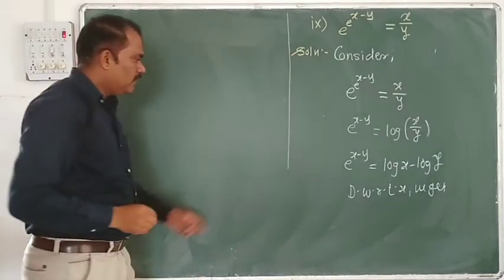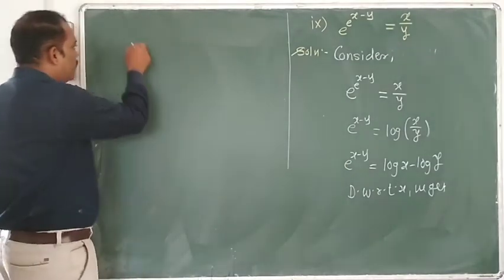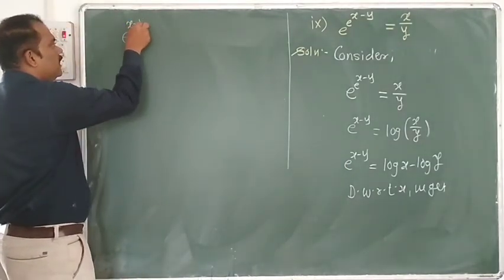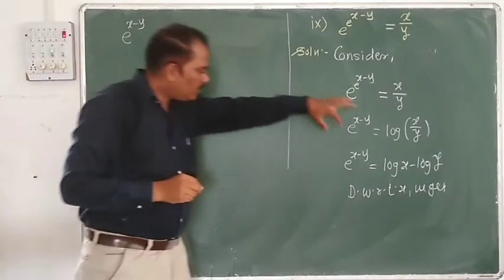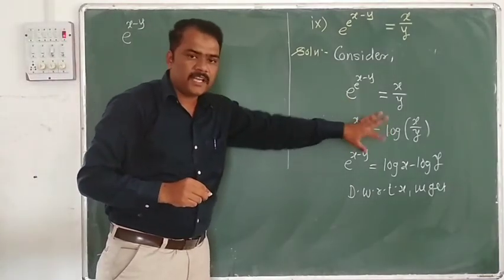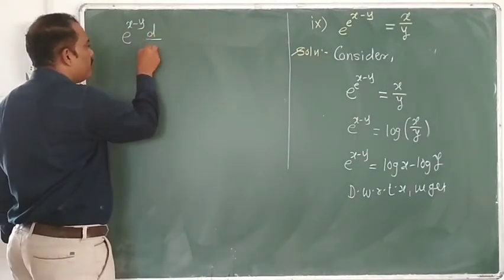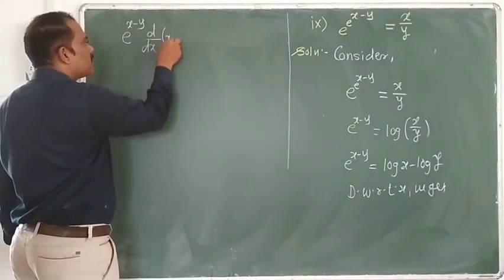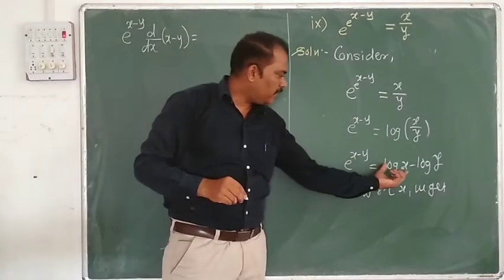What do we get? First we keep the finger on this e. What is the derivative of the exponential function? e raised to x, instead of x we write x minus y. Then we keep the finger on x minus y and take its derivative with respect to x. So d/dx of x minus y is equal to, first we take the derivative of log x.